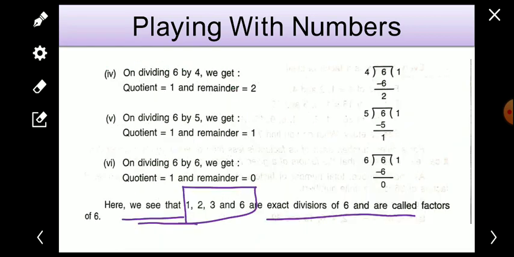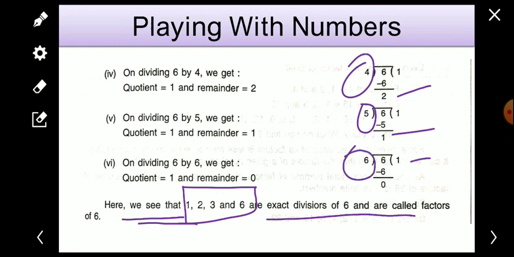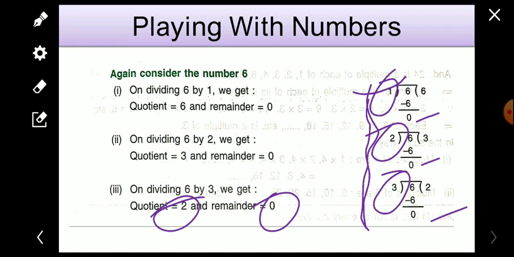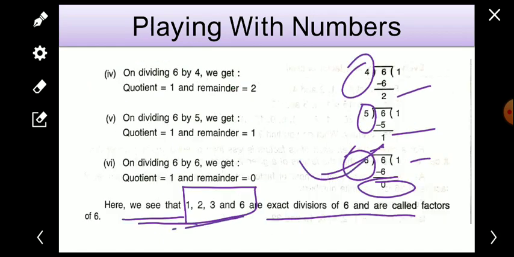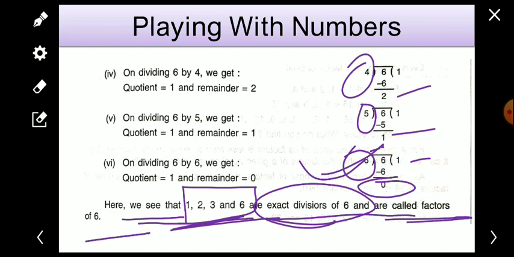But dividing by 4 and 5 leaves a remainder, so 4 and 5 are not exact divisors. By 6, it is divided exactly, so 6 is also an exact divisor. So 1, 2, 3 and 6 are the exact divisors of 6, and these are called the factors of 6.